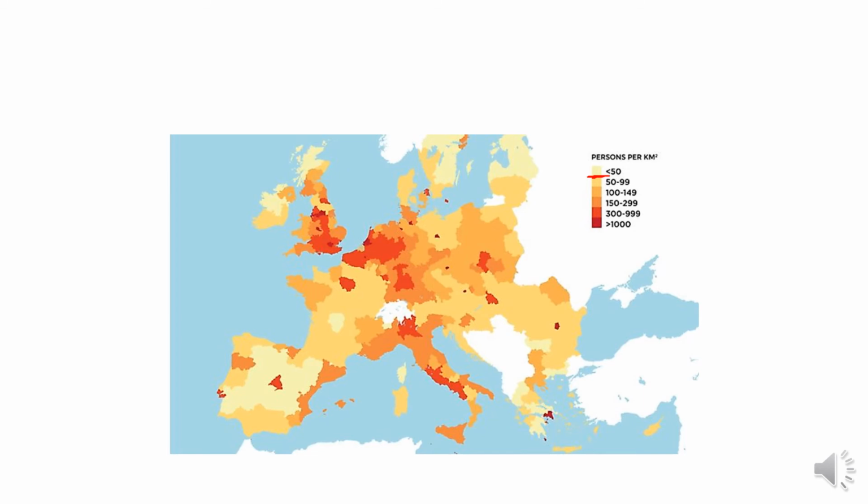But look, so this light color, right? Less than 50 people per square kilometer. So right here, we know that there's less than 50 people per square kilometer. Same thing here. It's not heavily populated in this area, okay? But now we go down here to this red color, and look, that's 300 to 999 people per square kilometer.